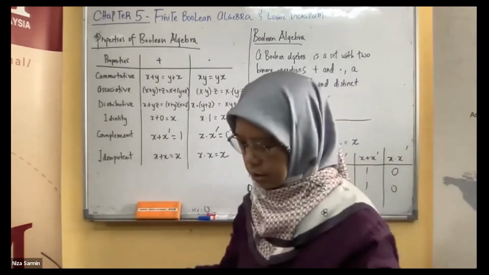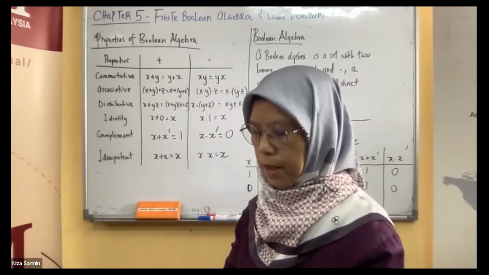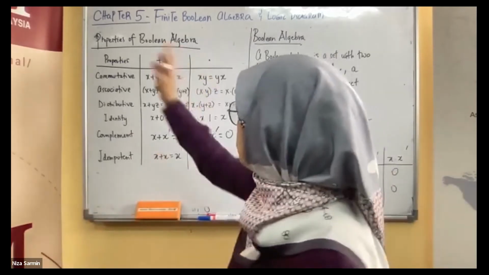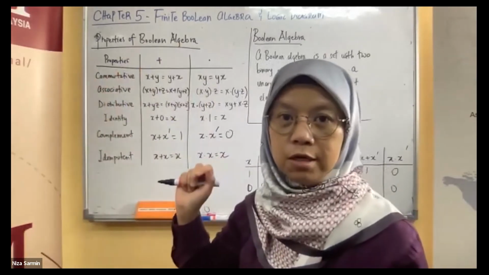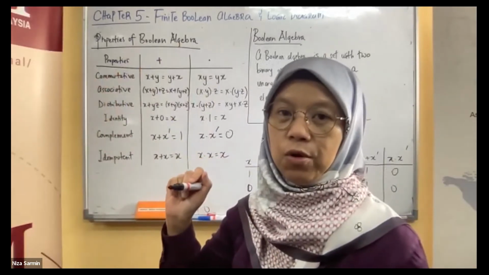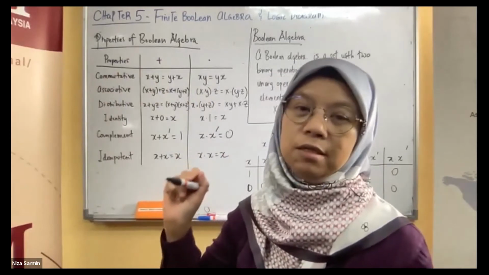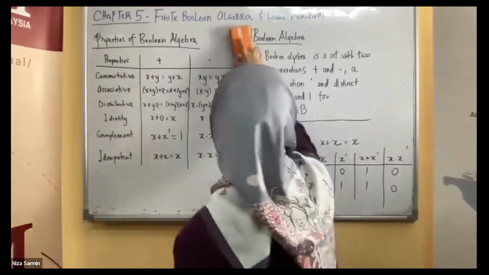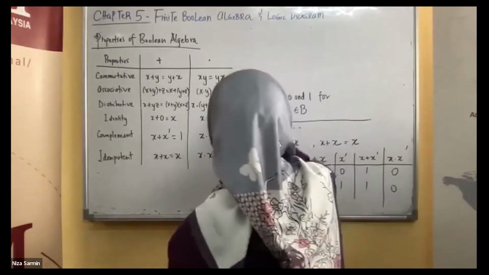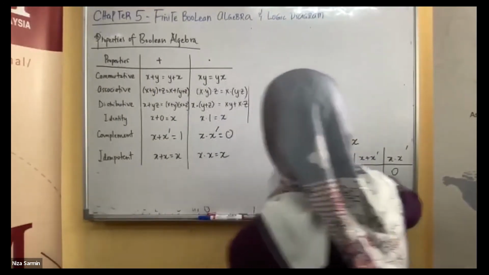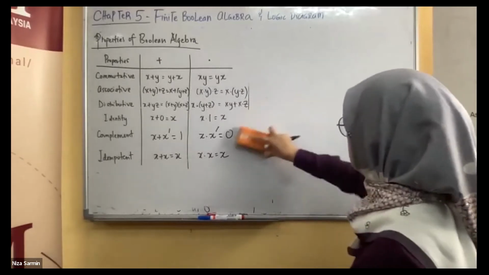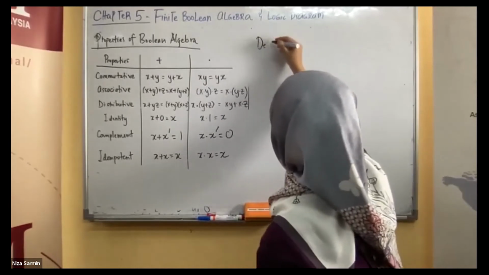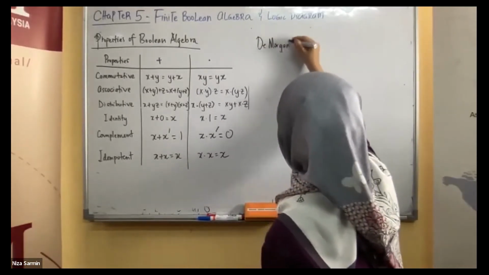Okay, so next, what are we going to do? Next we look at De Morgan's law, some other law that is not put under the properties of Boolean algebra, but we can use that for proving some identities or to show some Boolean expressions are the same. De Morgan's law.